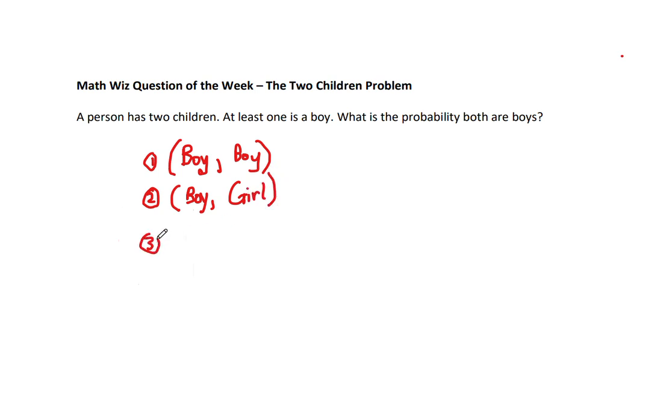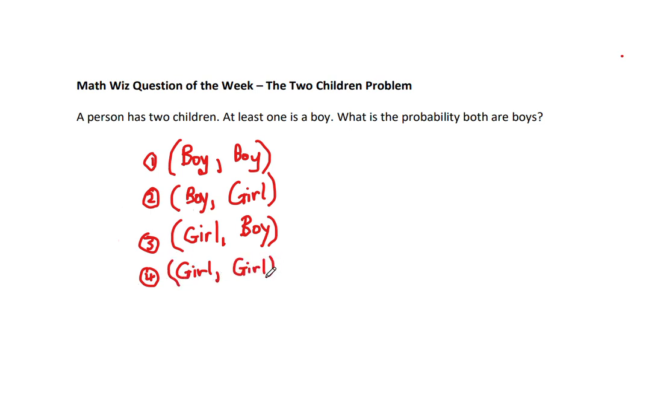Thirdly, a person could have a girl first and then a boy. The order actually matters. I hope you were able to figure that out. And the fourth possible way in which a person could have two children is to have a girl followed by another girl.